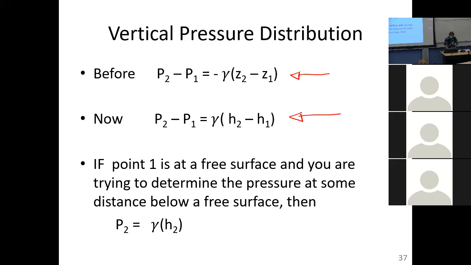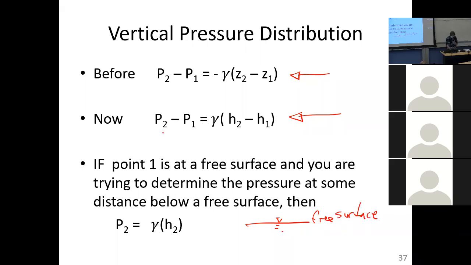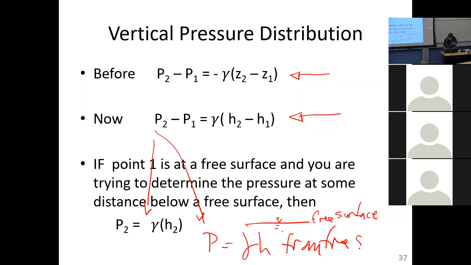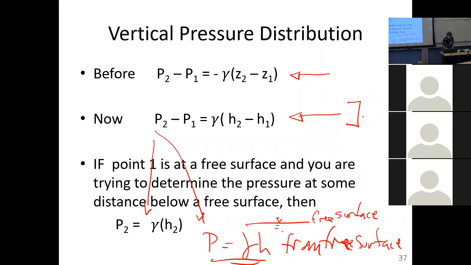However, what's really convenient is, just like the first problem of a lake, if you have a free surface and you integrate this, if you want to calculate the pressure somewhere below a free surface, this equation basically comes down to the pressure anywhere below a free surface is just the specific weight of the fluid times the distance from the free surface down to the point you're looking at.